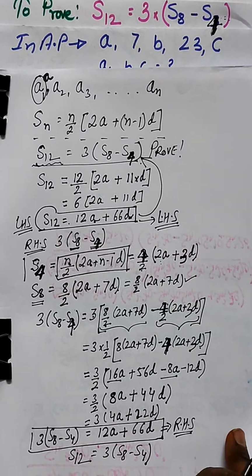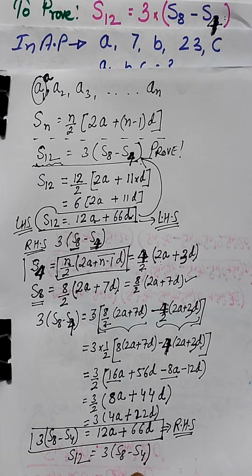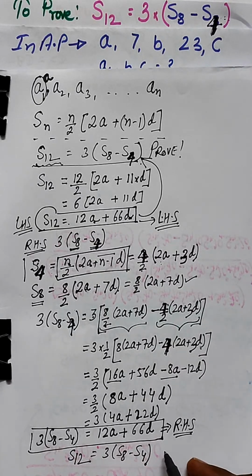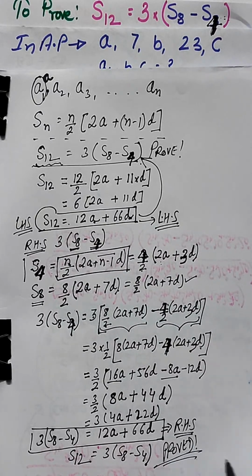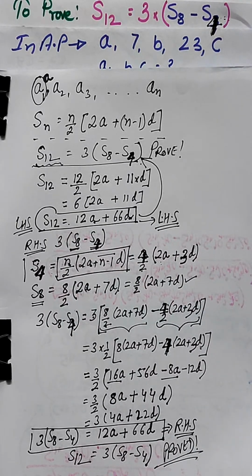I think you are able to see it. 3 times S8 minus S4. So this is proved, right? So in this arithmetic progression, we have proved S12 equal to 3 times S8 minus S4, right?